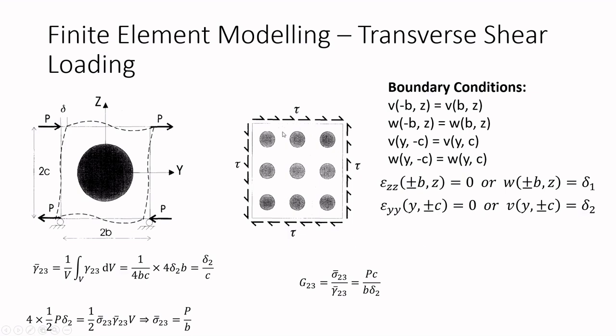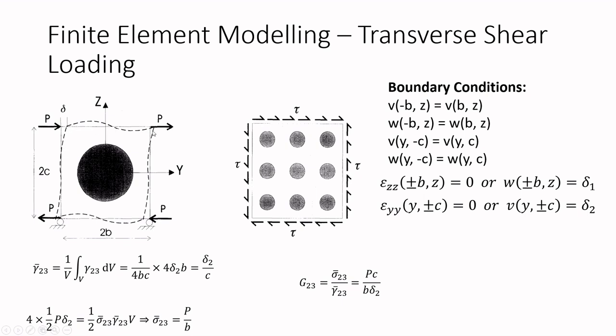It was noticed in this experiment that V on the plus and minus B faces are equal. In this face the V is equal to this face. Similarly, W on this face is equal to W at this face. So whatever the displacement here will be the same as here. They may have some distortion, with V and W varying along this length, but at this point and this point they are the same.